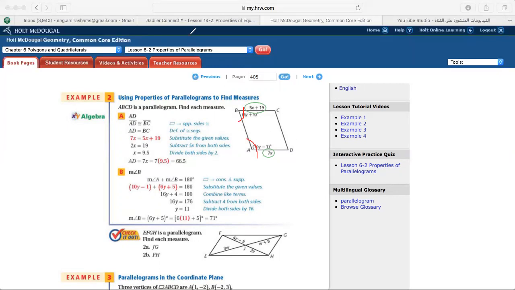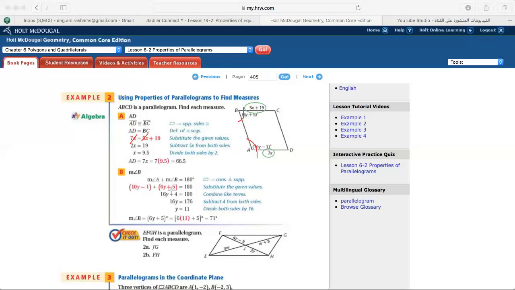I will subtract 5x. Here I will tell you the steps. I have here 5x, so I will subtract 5x from here and 5x from here. So 2x will be left here. And I will cancel the 5x from here.